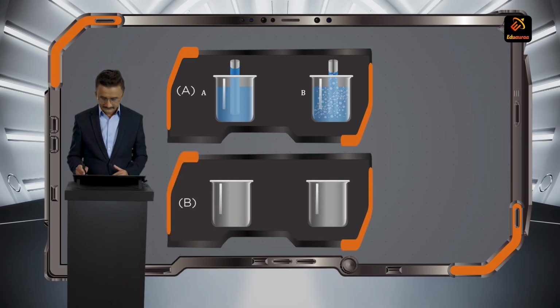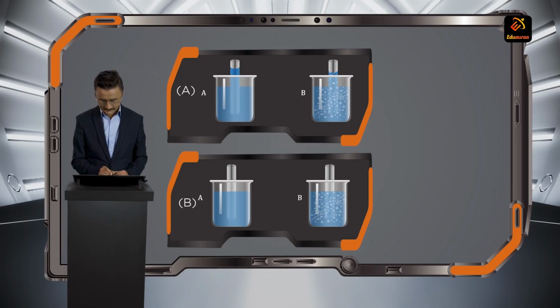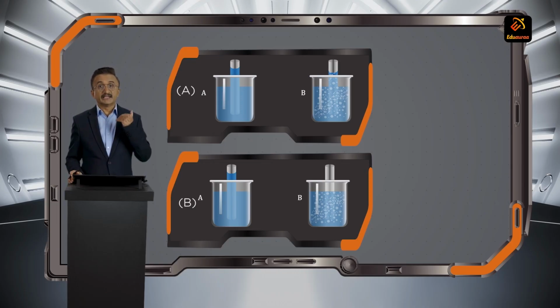So moving on to option B. What is option B? Again, we have the two containers, A and B. In A we have water, and in B we have a soap solution. In A, the water level increases up to a certain height.